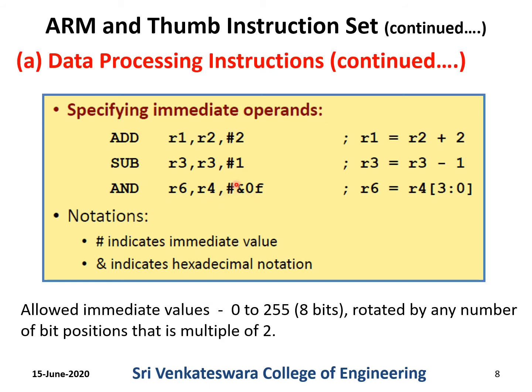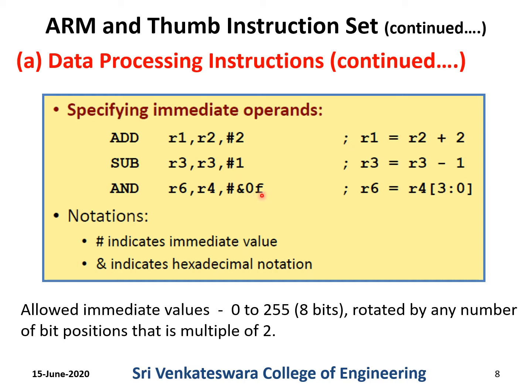Here the hash indicates that the following value is considered as an immediate operand. There is one more notation, the ampersand. Ampersand indicates that this is a hexadecimal notation. So 0F is used, which is a hexadecimal value. Instead of using decimal values, if we use a hexadecimal value, ampersand has to be used.